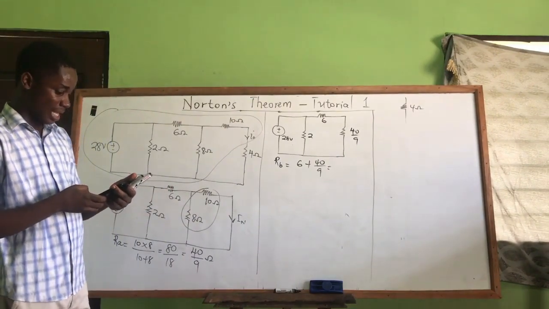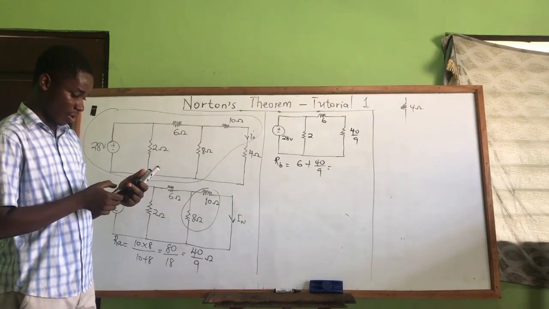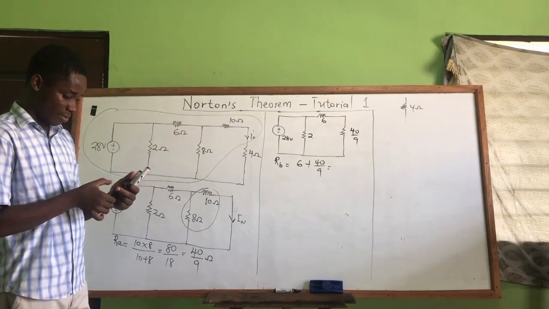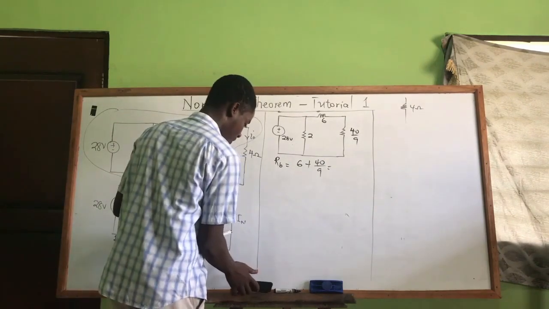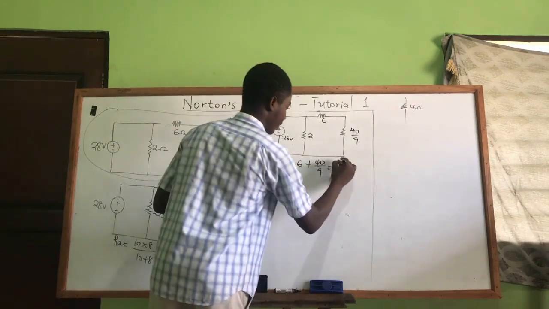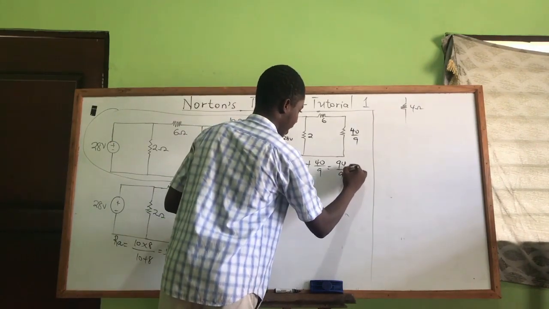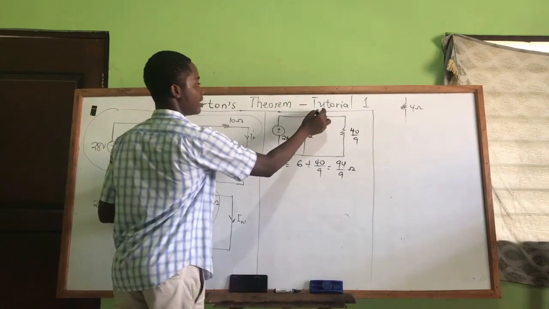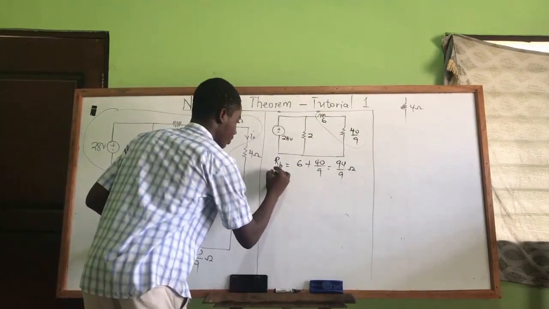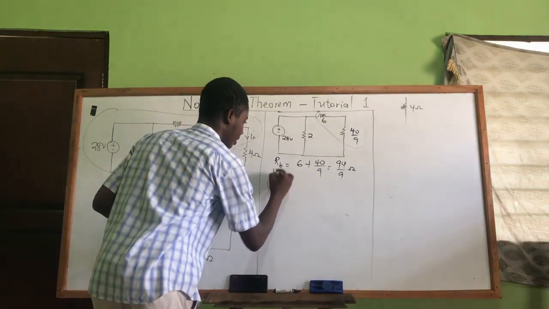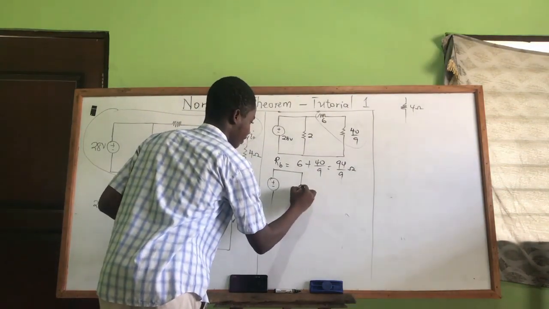Source plus 40 on 9 is giving us 94 on 9 ohms. That's the equivalent here. So let's draw. We have this here, we have this one there.